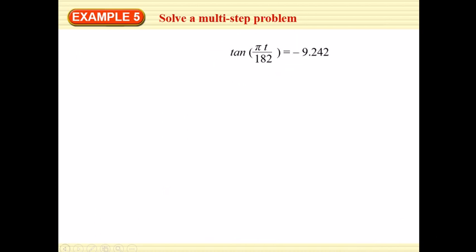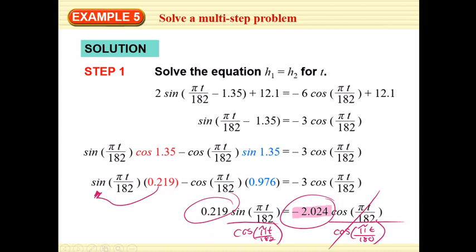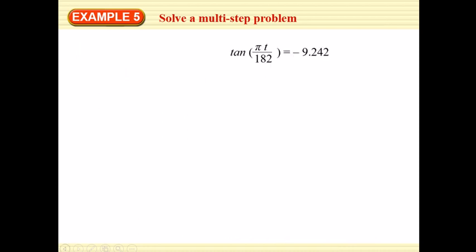Then, moving from the left to the right, they divide each side by that 0.219, which is how they get negative 9.242.